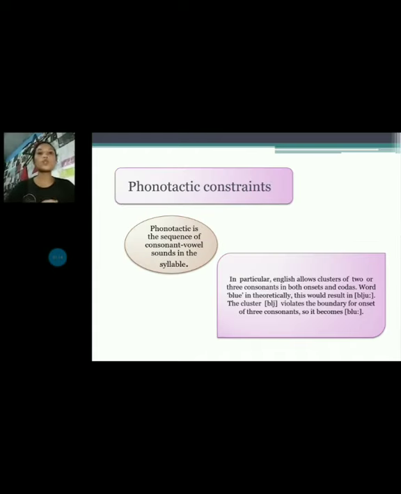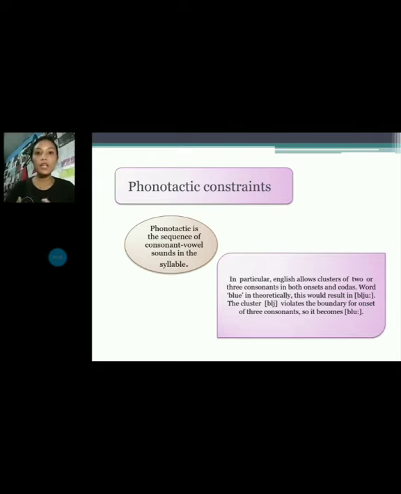And the next, phonetic constraints. Phonetic constraints concern the sequence of consonant and vowel sounds in the syllable. In particular, English allows clusters of 2 or 3 consonants in both onsets and codas.